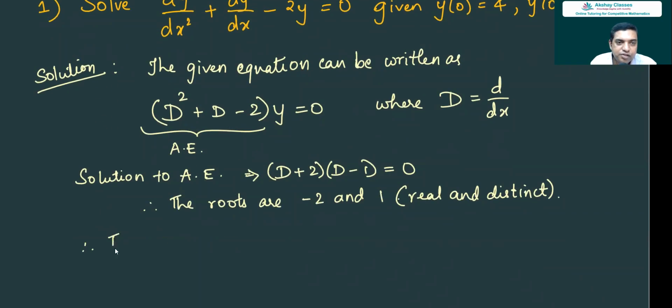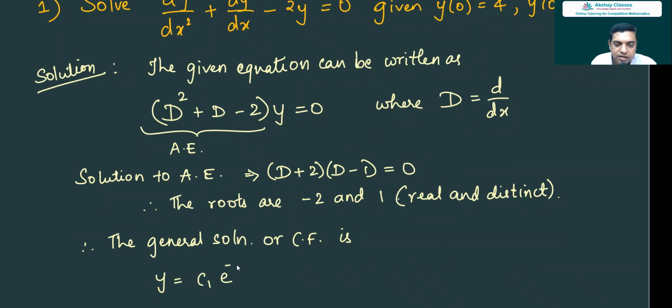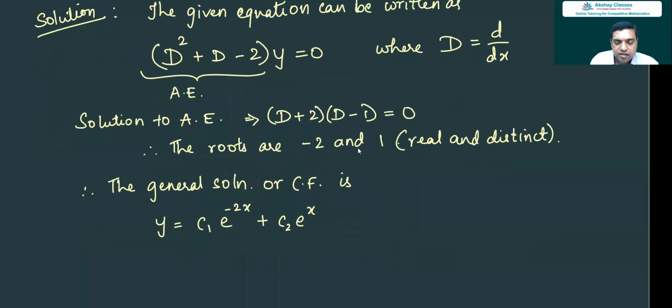Therefore, the general solution, or the complementary function, is y equal to C1 times e power minus 2x plus C2 times e power x. So this is the solution.